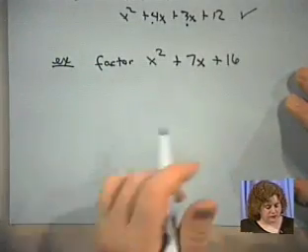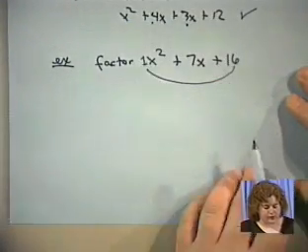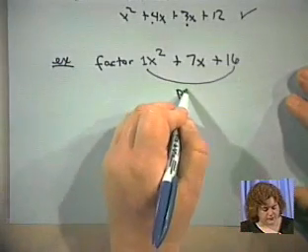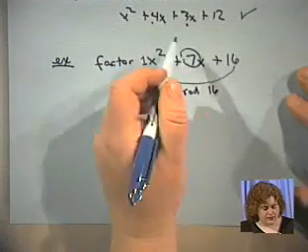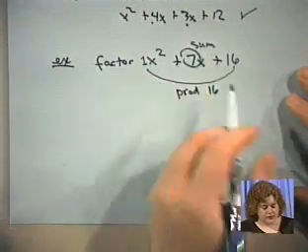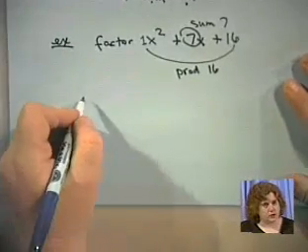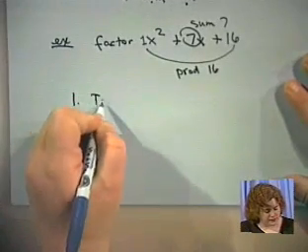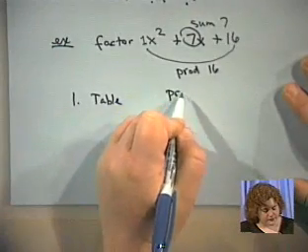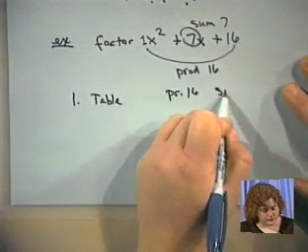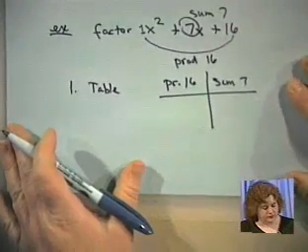In this case, the product we're looking for, again remembering there's a 1 out front, is going to be a positive 16, and the sum is also going to be 7, as in the last case. So we will make a table, product 16, sum 7, and we'll see what we can do with this.